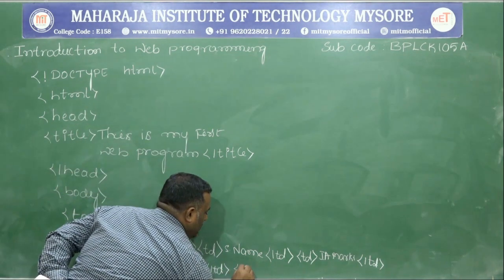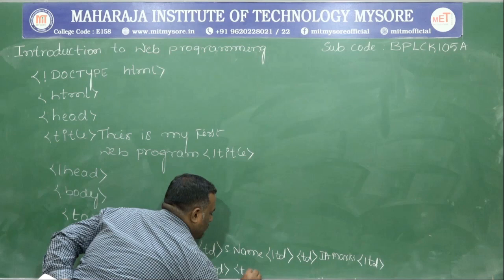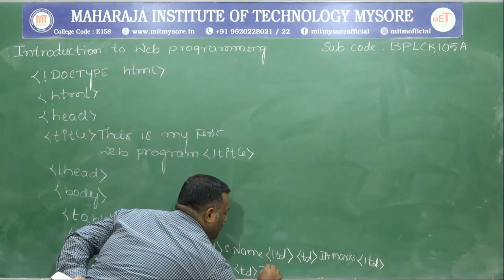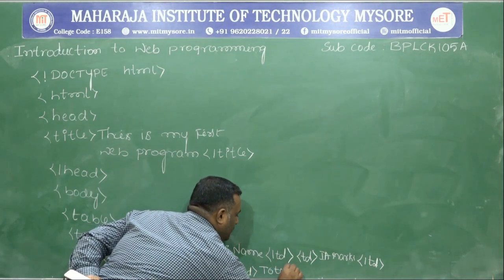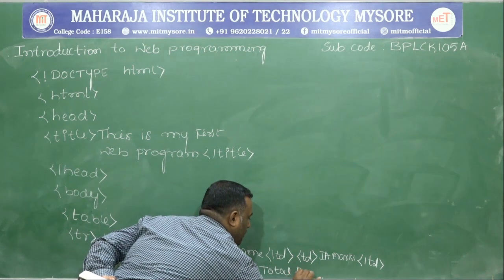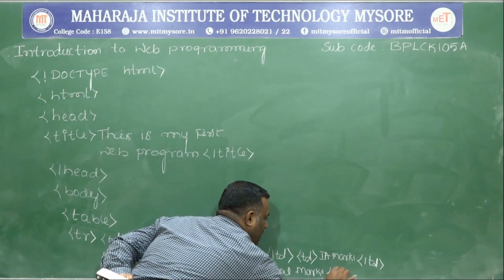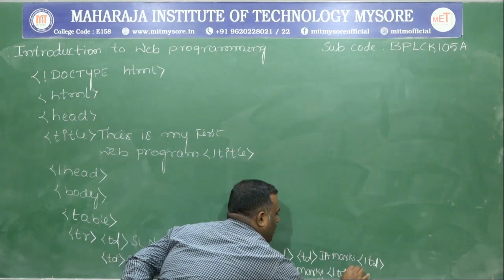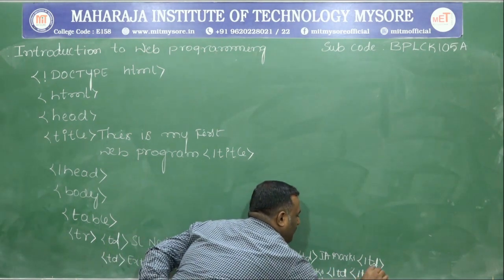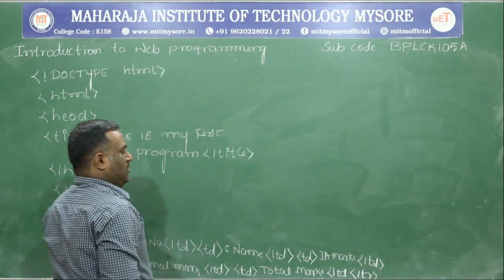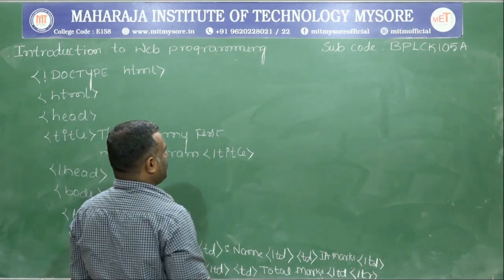One more td: total marks, end of the td, and end of the first table row.